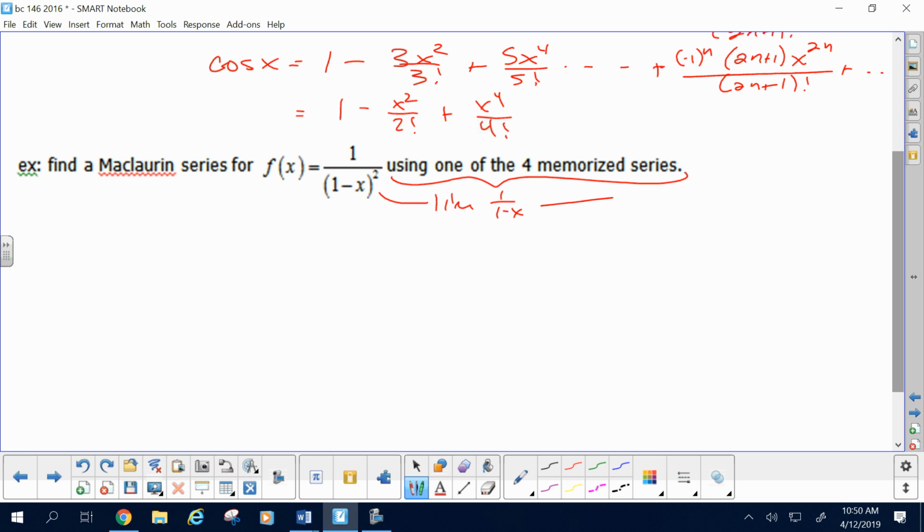You could say 1 over 1 minus x squared is the square of the series, and sometimes you do square infinite series: 1 plus x plus x squared plus x cubed, times 1 plus x plus x squared, and so on.